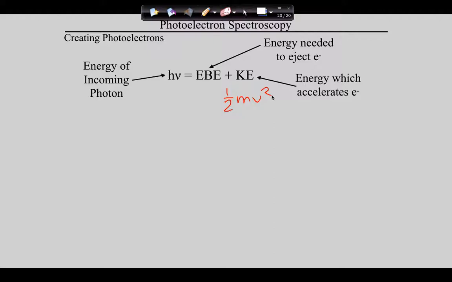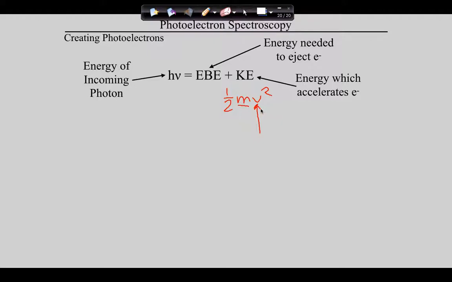You may want to write this down with me, it's not in your notes. What is m? The mass of an electron. That doesn't change. So what does change? The velocity. So guys, the greater the kinetic energy that this ejected electron has, the greater its velocity.